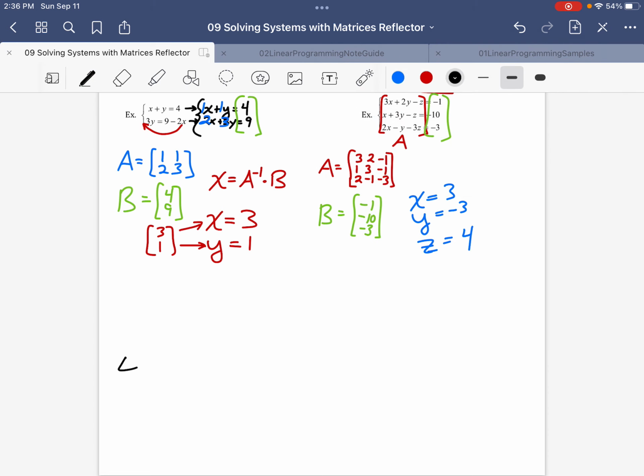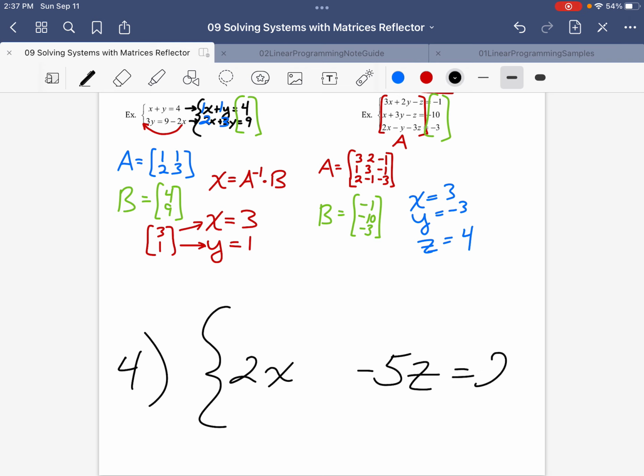If you skip down to problem 4 on the back of your sheet, you should feel like you have a missing variable. It's in the middle equation. Well, what's really missing is the coefficient, the number that is in front of the letter y. What are we talking about? We're talking about a 0.